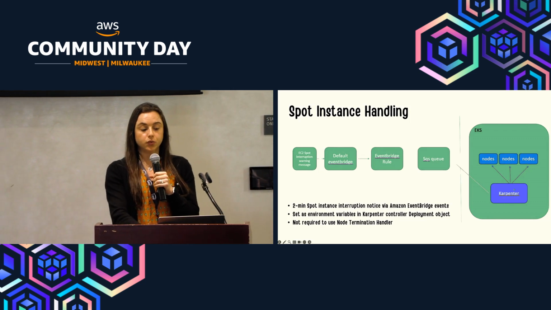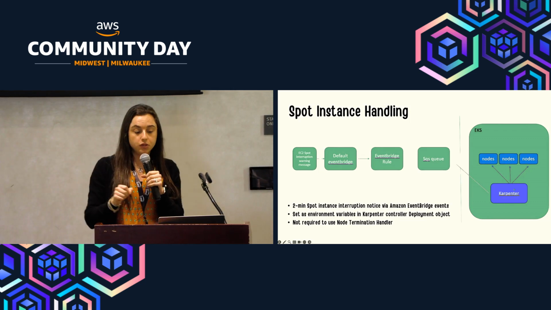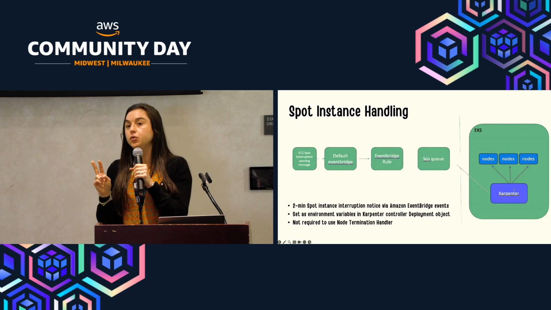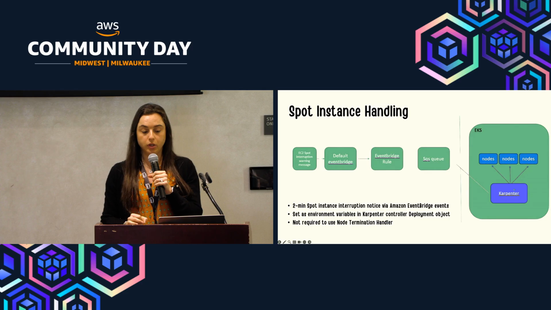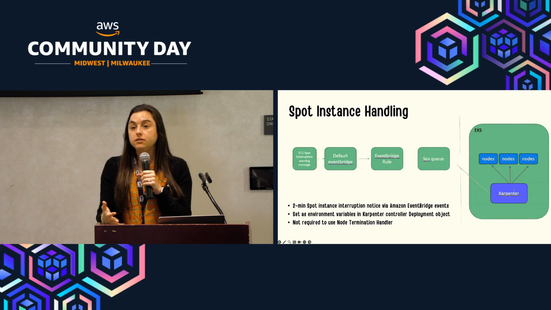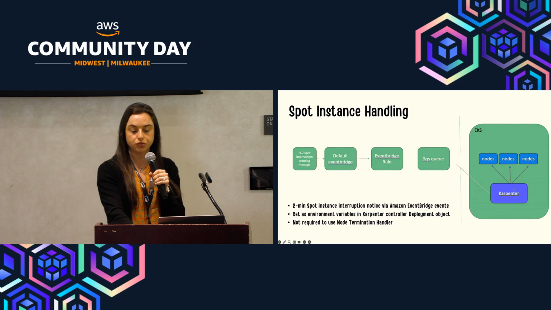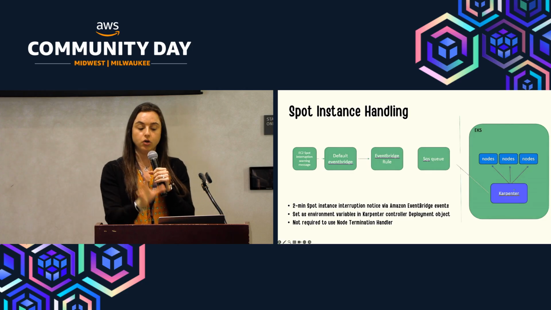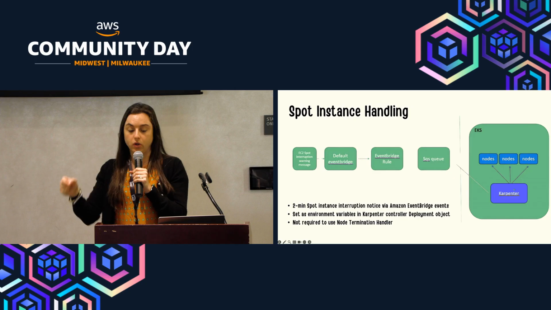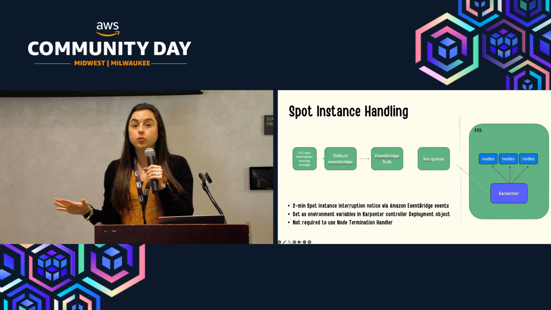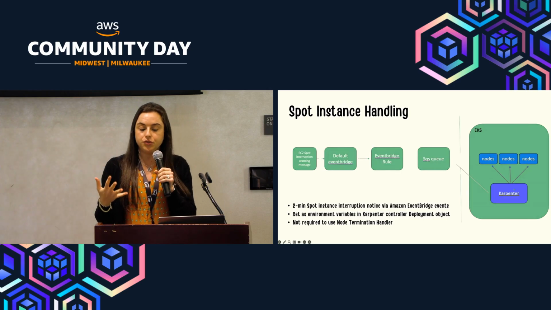It integrates with AWS EventBridge and SQS to catch a 2-minute warning before any interruption. So now you don't need a custom node termination handler or any extra controllers. You can connect your EventBridge rules to an SQS queue, and then Karpenter will do the rest for you. You don't even need to think about that.